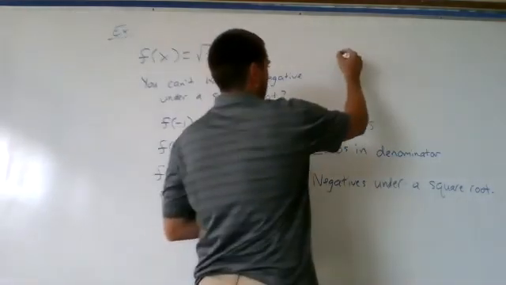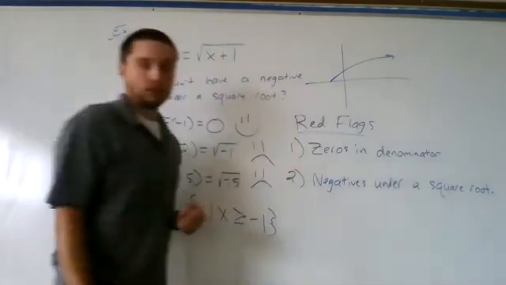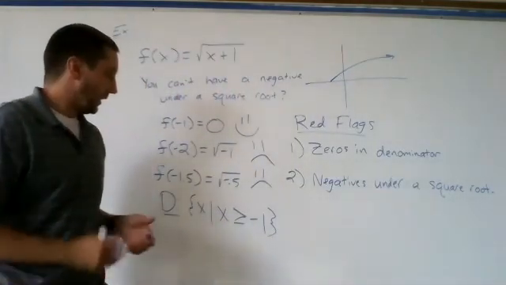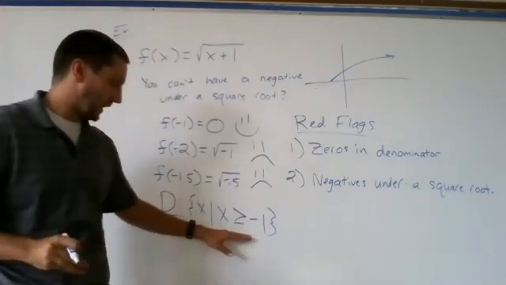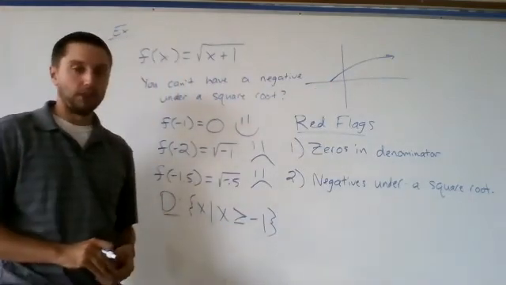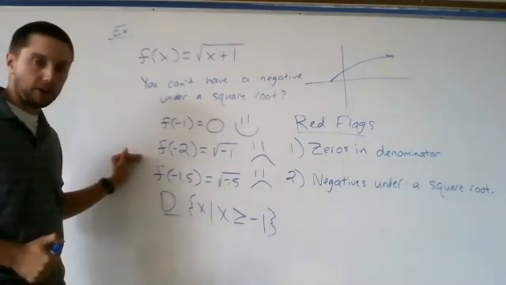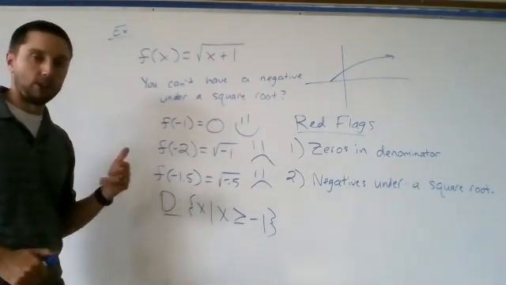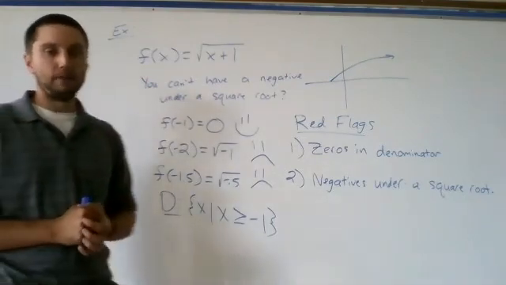Okay, if you graph this function, spoiler alert, it's going to look something like that. Okay, and then maybe you'll see, oh, looking at the graph, I see that my domain is greater than or equal to -1. So we really need to be able to do it without a graph eventually. But as we get started, if you're stuck, throw it in a calculator and see what you got.